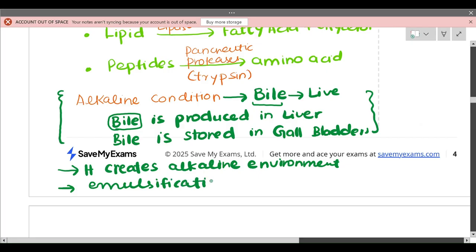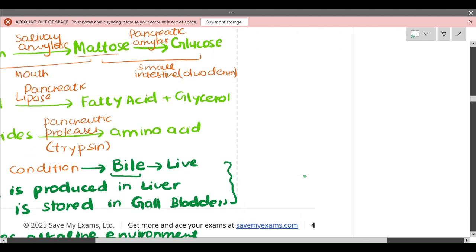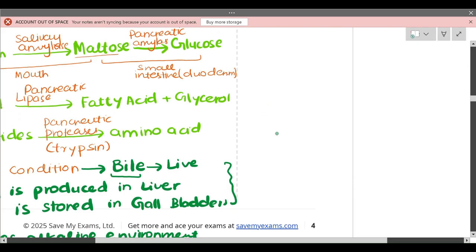emulsification of lipids. So let's talk about what emulsification is. Take it this way: emulsification is just the physical breakdown of large lipid molecules into smaller lipid molecules.